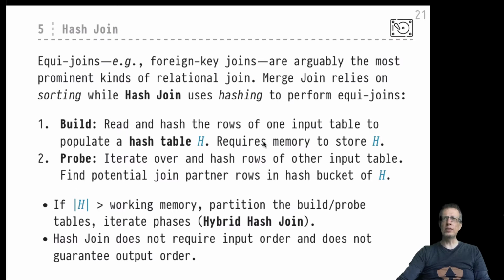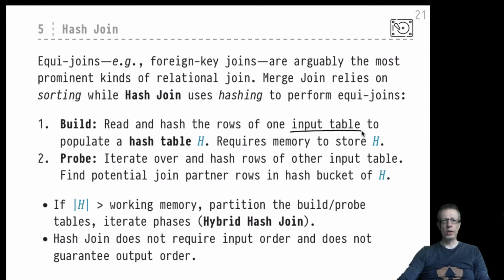So we are aiming for a situation where the hash table that we are going to construct will fit into memory. As I told you, it's exactly one table that will place its rows inside this hash table. This one table is also called the build table.